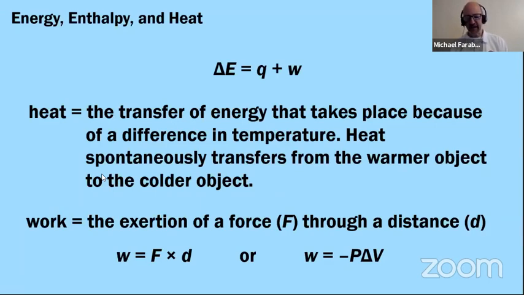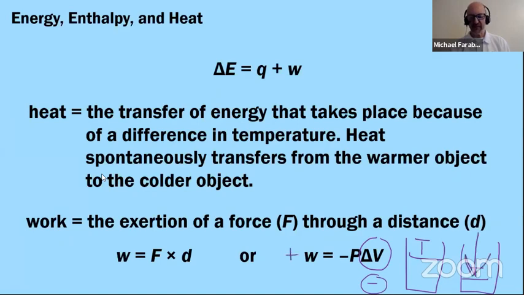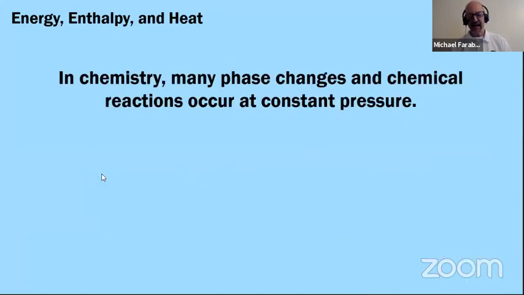Effectively, what I'm saying when I say the delta V is negative is, for example, let's say I have a piston and I'm compressing a gas inside a piston, so I have to change the volume. By decreasing the volume, delta V would be negative, but since I have a negative times a negative, it would be positive, as in work being done on the system. Again, we're going to spend the majority of our time focusing on heat and not work.